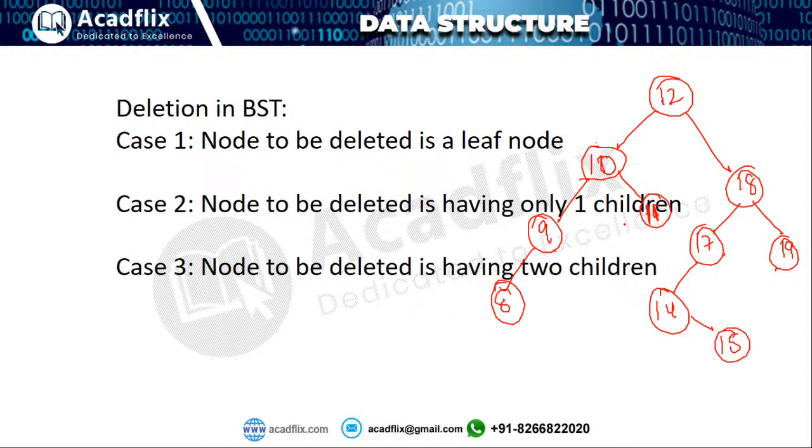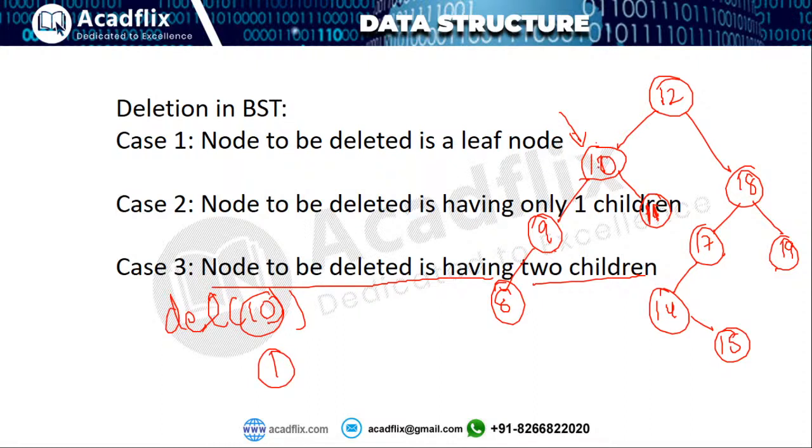Now let's say I have to delete 10, because we are now discussing the case where my node has 2 children. So how will I delete 10? In order to delete any node which has 2 children, there is only one step that I need to take. I need to replace this node's data with its in order successor or in order predecessor.